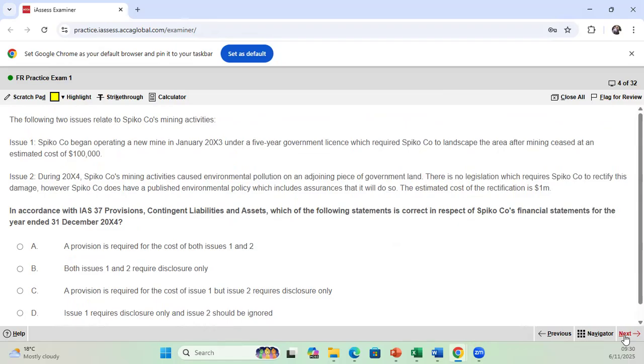So the question is saying the following two issues relate to Spico's mining activities.